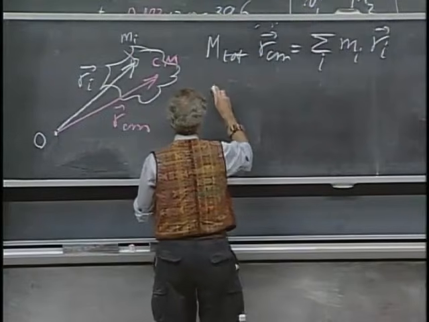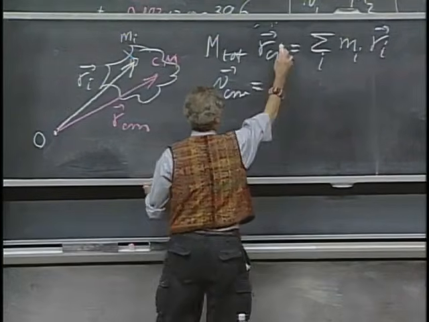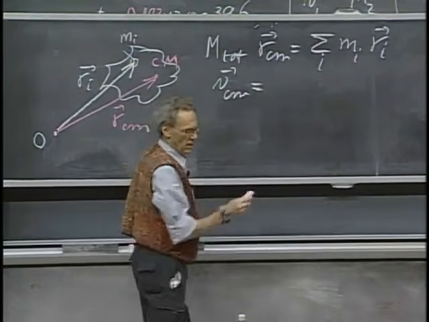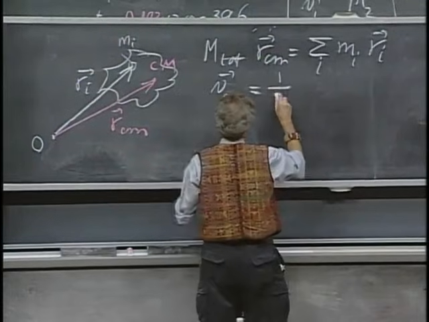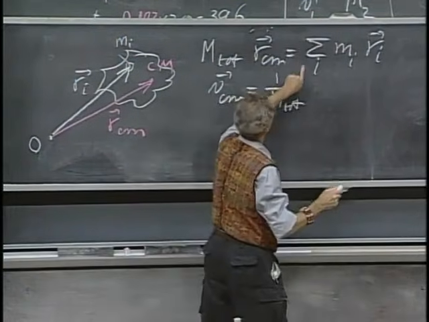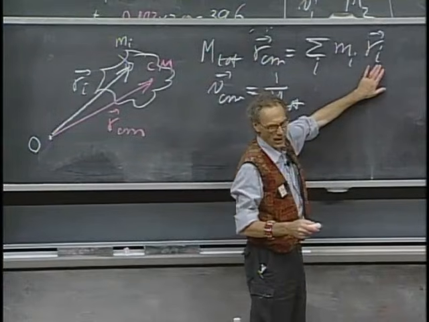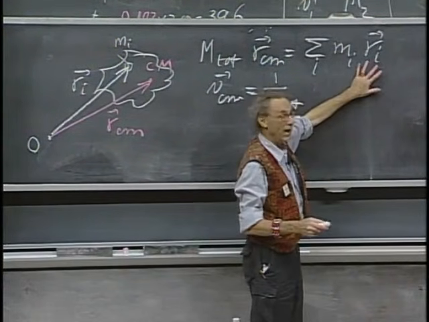V center of mass, I find that by taking the derivative of this equation, equals 1 over the mass total. I bring this on this side. I take the derivative here. And so here I get the sum of m_i times dr_i/dt.